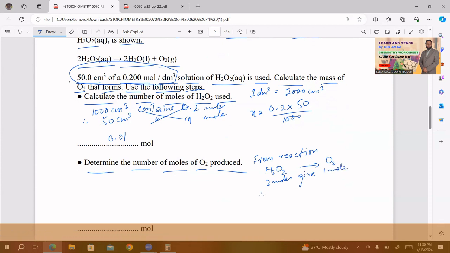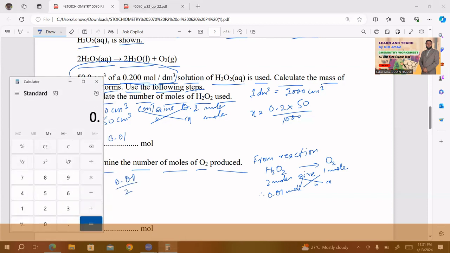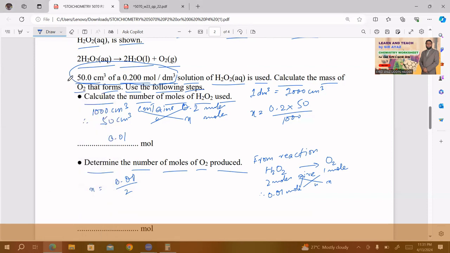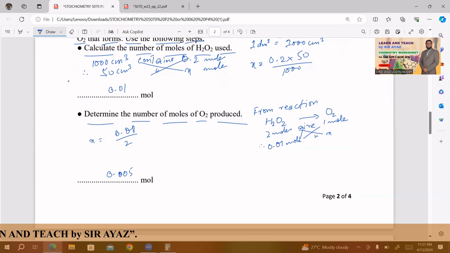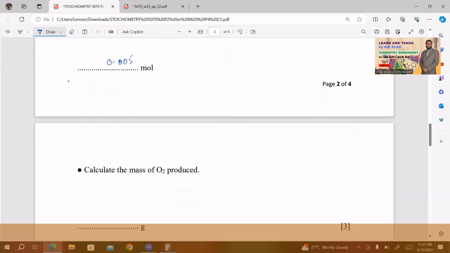Therefore, 0.01 mole gives X mole of O2. So X becomes equal to 0.01 divided by 2, which is 0.005 moles of O2 produced.